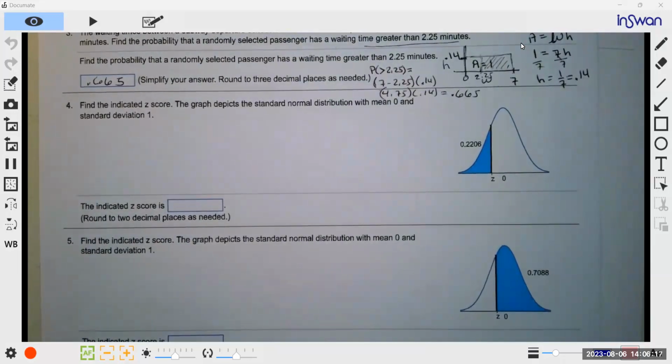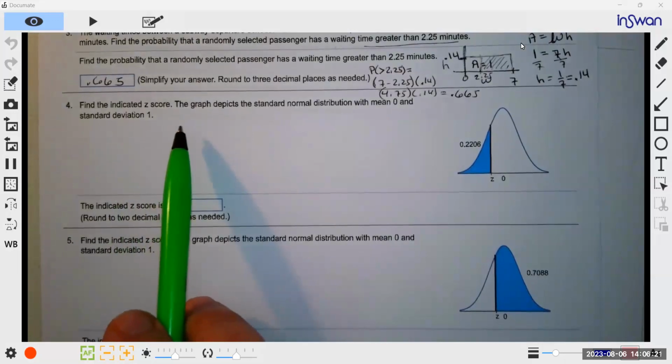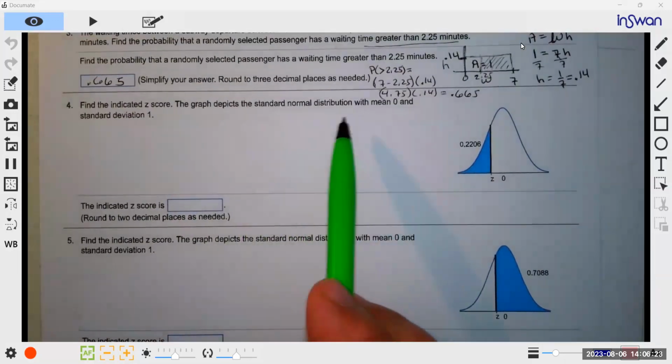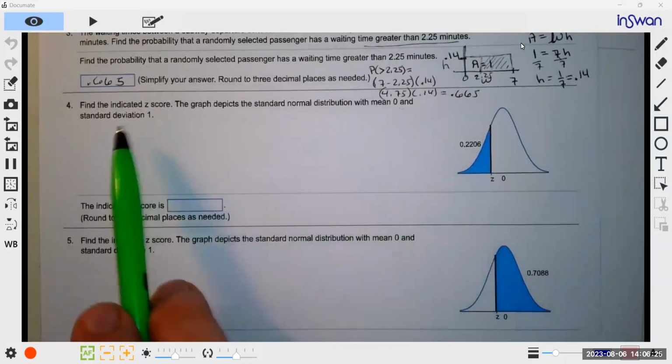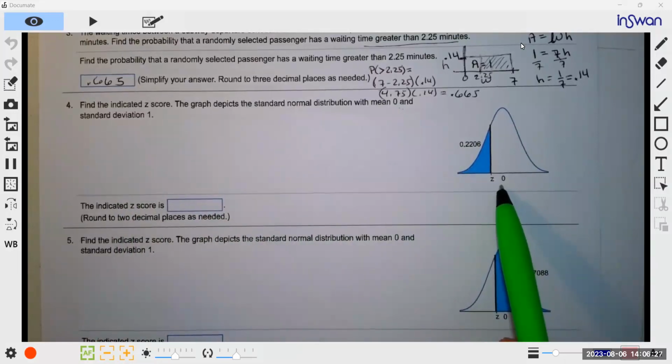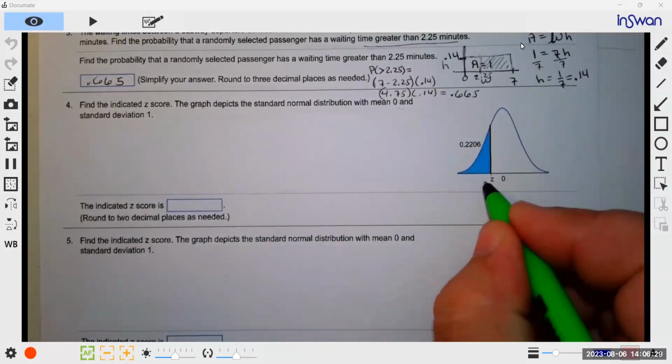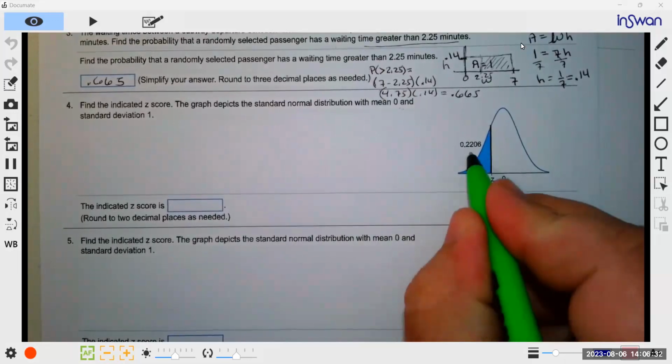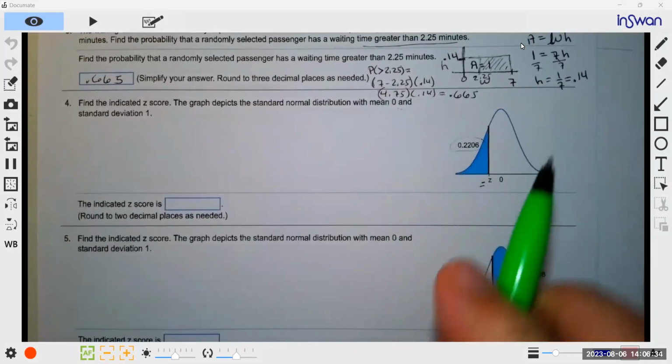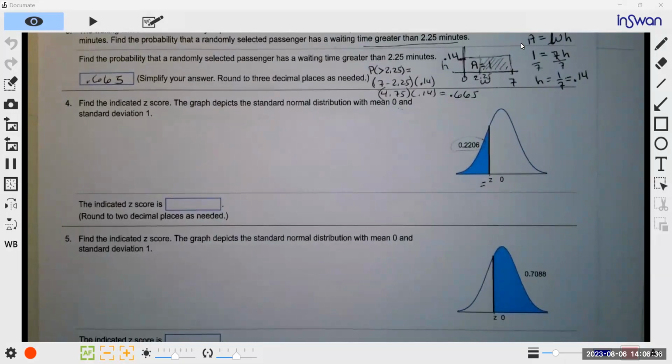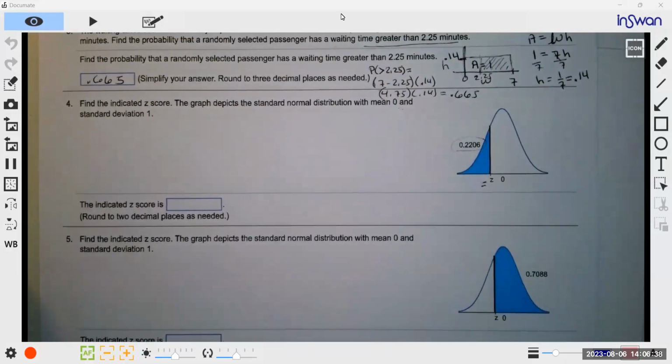Right. Number 4. Find the indicated z-score. The graph depicts a standard normal distribution, mean 0, and standard deviation 1. So we're looking for the z value given this area here. In order to do that, we have to find our charts.